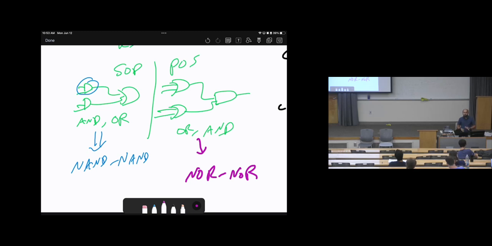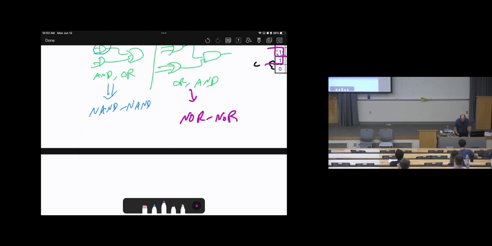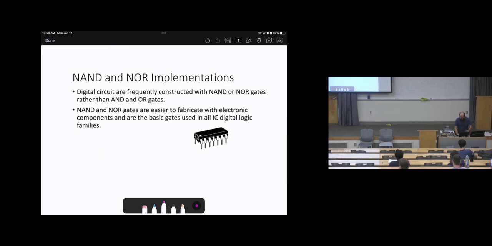Then I don't need to worry about how to make the software suitable for it. And when I apply OR and AND as NOR to NOR implementation, then I will not worry about how to apply this in hardware. So this thing that we call a new topic, NAND and NOR implementation.